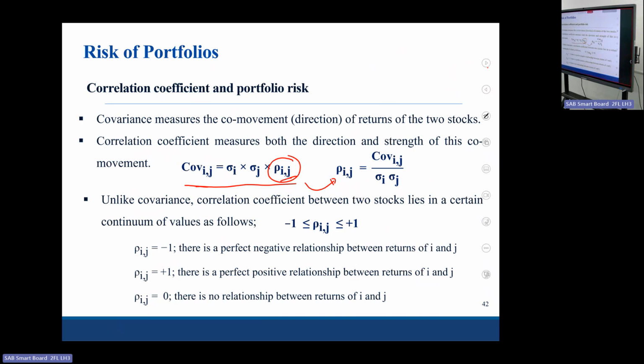That is the meaning. Perfectly negative means at a particular time in the economy, if the X stock return increased by 1%, the Y stock return is decreasing by the same amount. That is the meaning of perfectly negative.